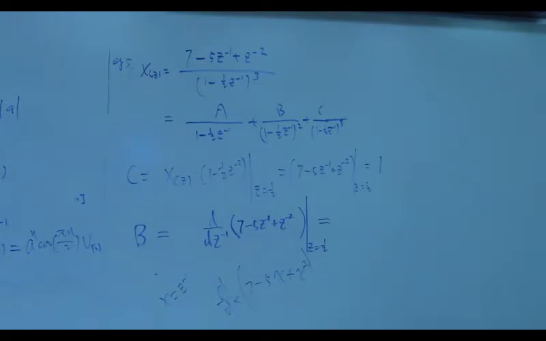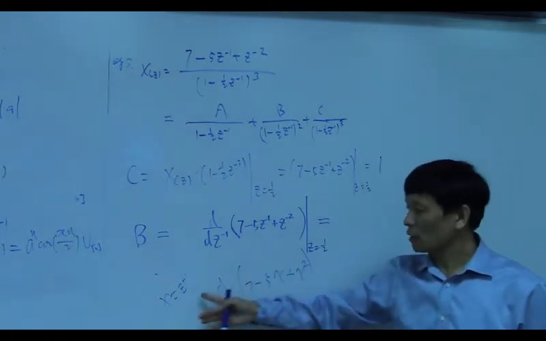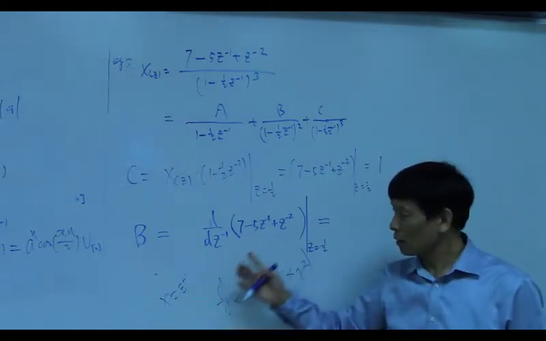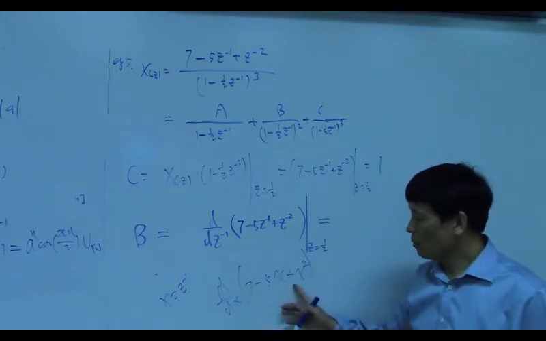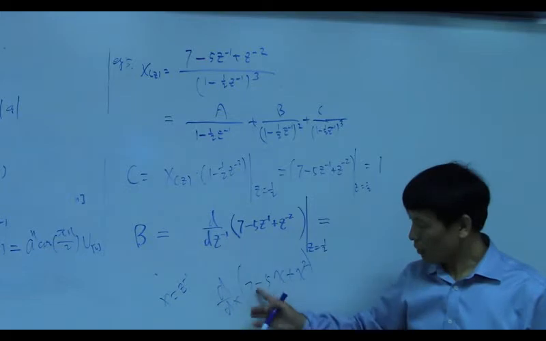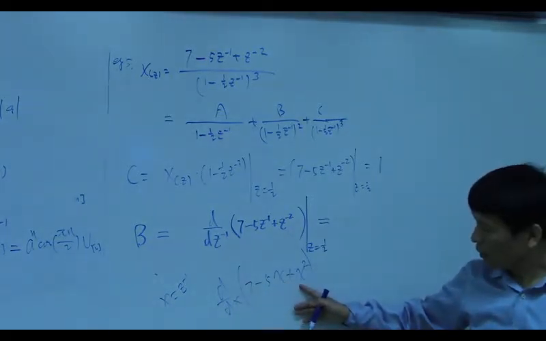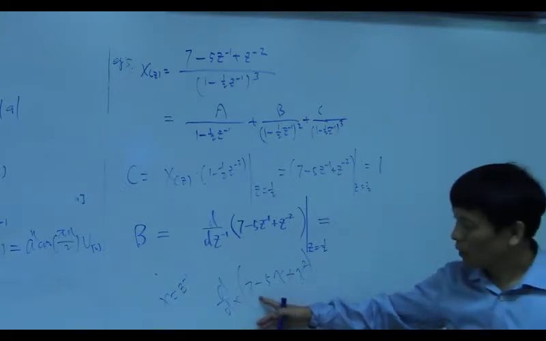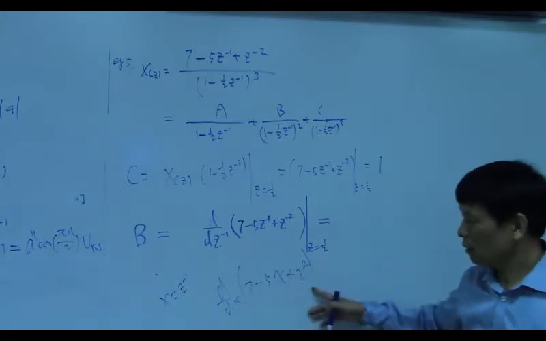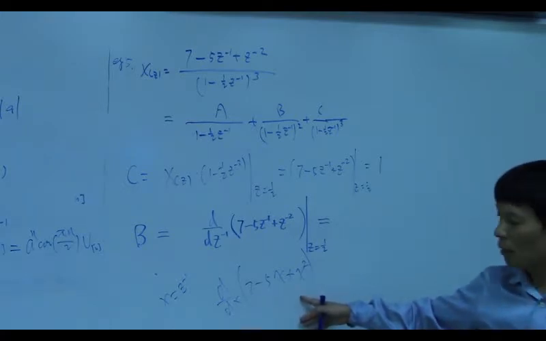Does it make sense? Okay, so now you write z to the negative 1 and just represent it with x. So this is 7 minus 5x plus x squared, then d/dx. You can do this, right? What's this? 2x minus 5.